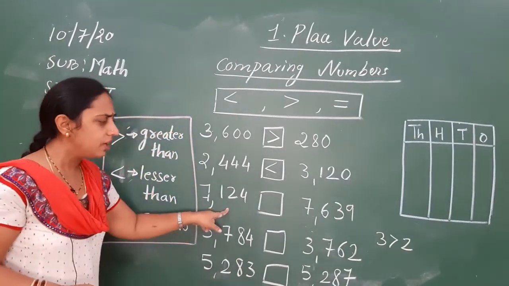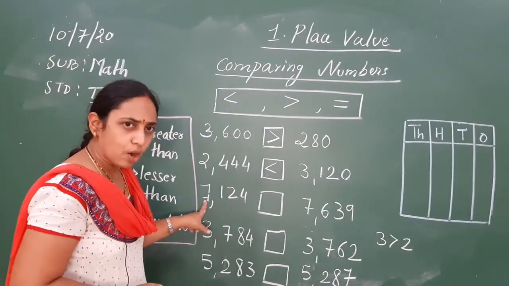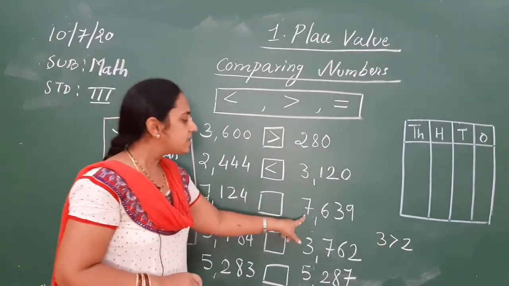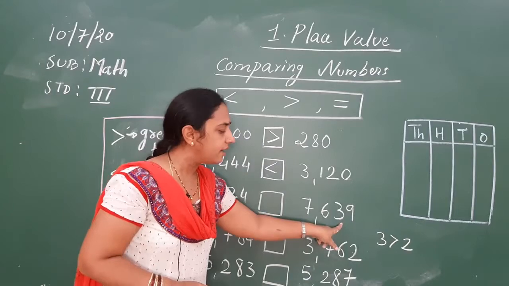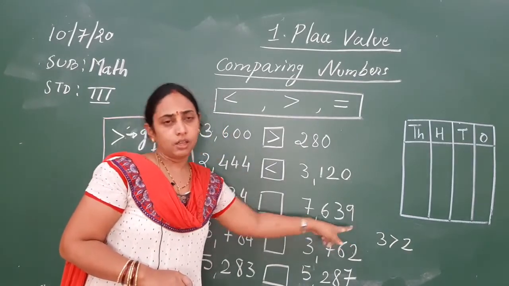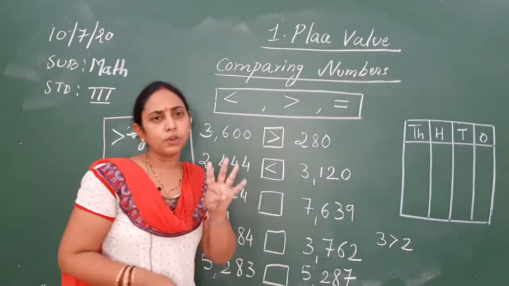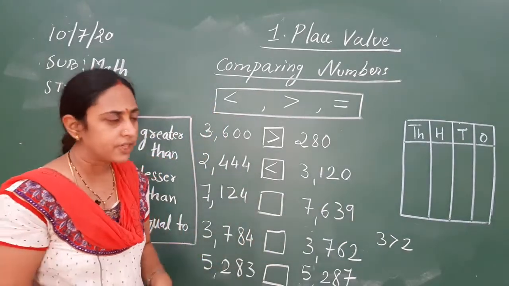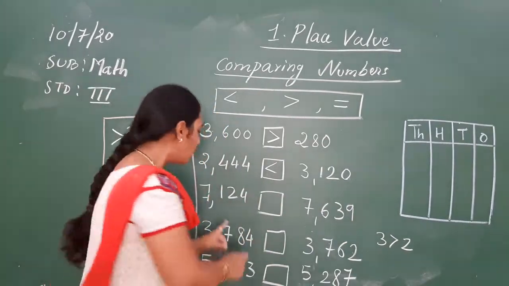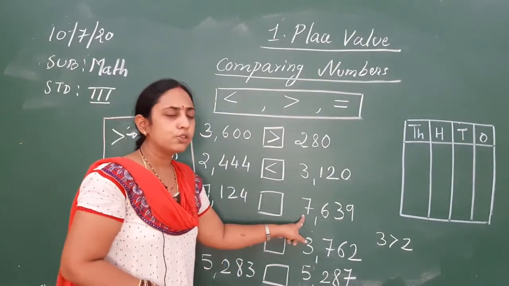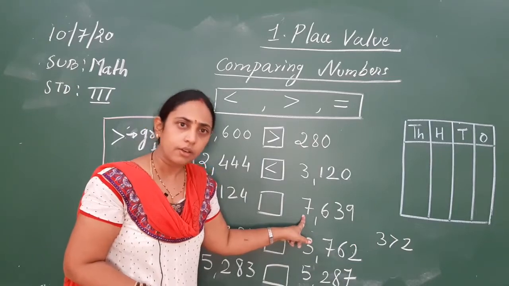Now here you see 7124, 7639. Now first rule, 4 digits both sides, we cannot apply the first rule. Now second rule, here also in the thousands place it is 7, here also in the thousands place it is 7, right?